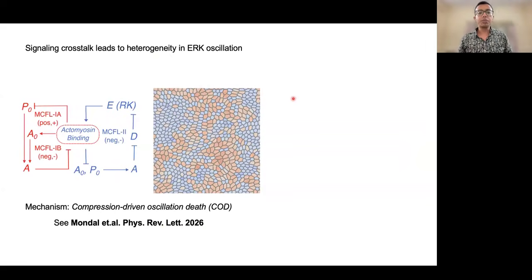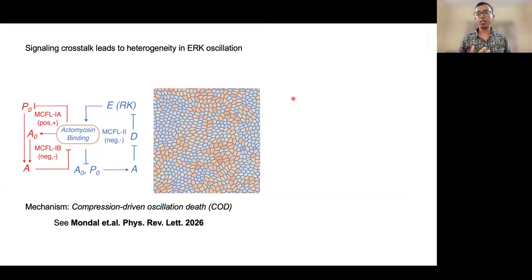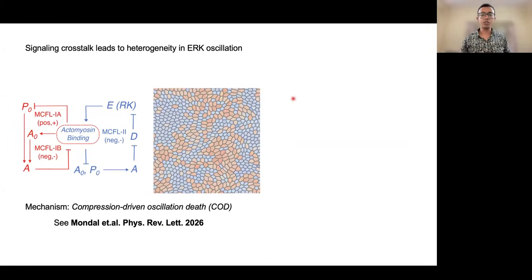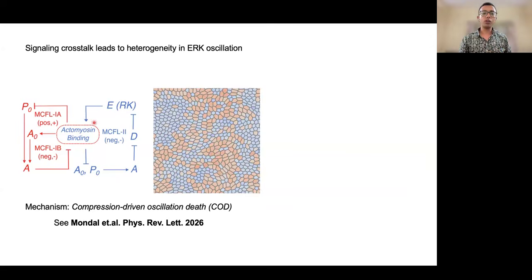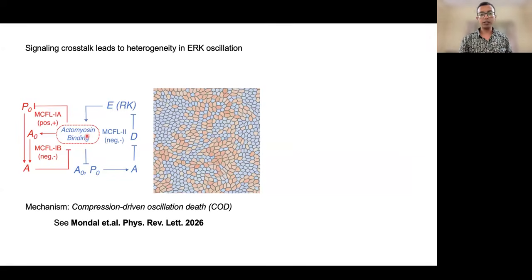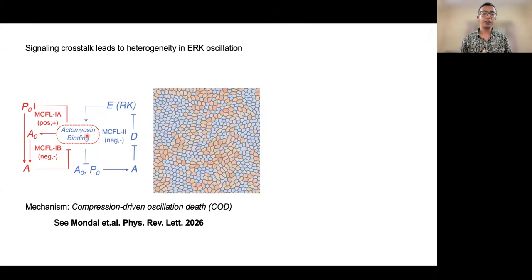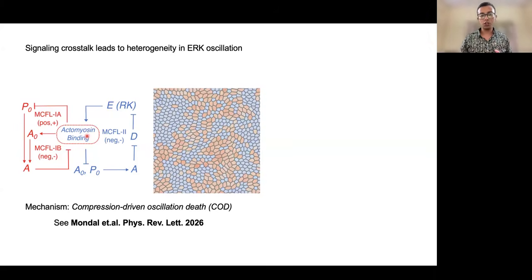And this is something that people have been studying for a while, which is ERK oscillation or ERK waves in the context of tissues. And what people have shown is that there is a negative feedback loop involving a protein called ERK and the actomyosin network present in the cell that leads to sustained oscillation in the tissue.